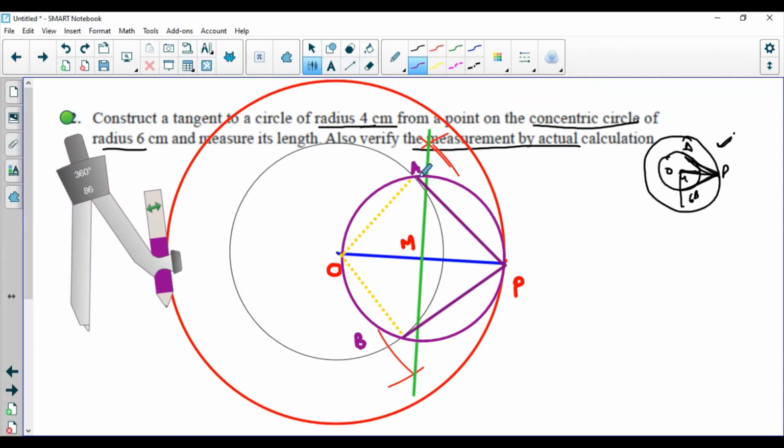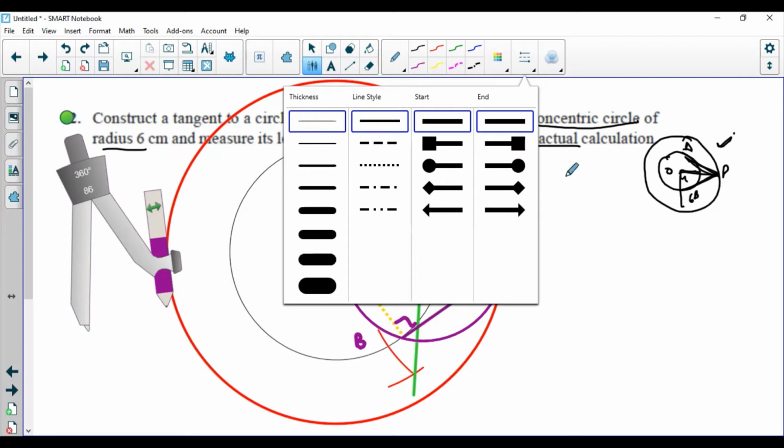If you observe here, these two are angles in a semicircle of the purple circle, isn't it? So they will be 90, and OA and OB are radii of the black circle. So by the radius-tangent theorem, if a line is perpendicular to the radius, that line must be a tangent. So in justification, we'll write the same steps.